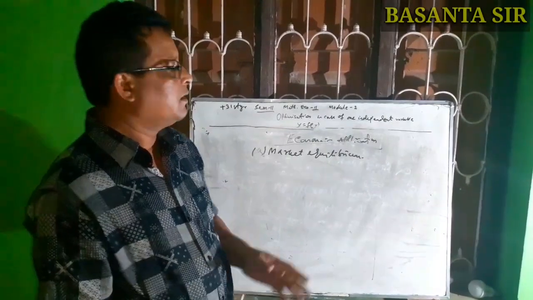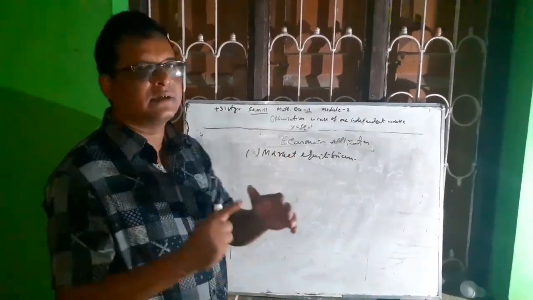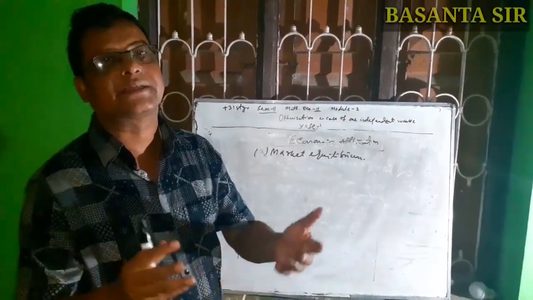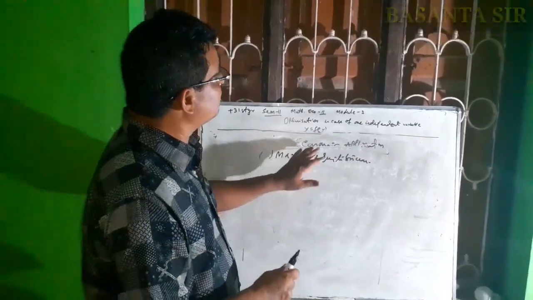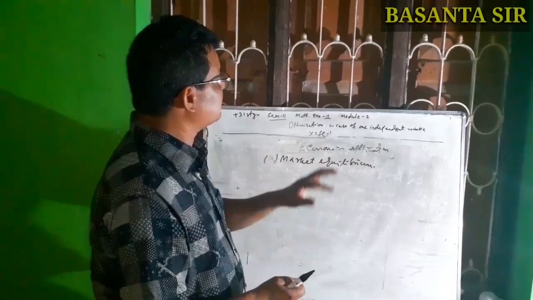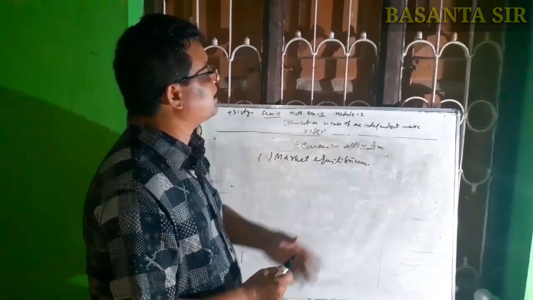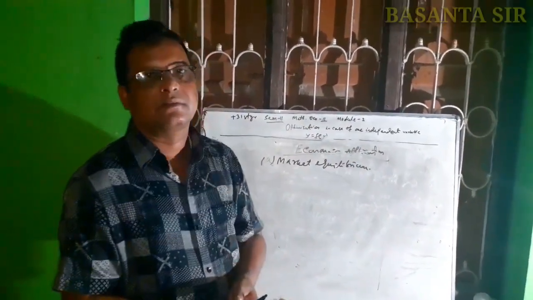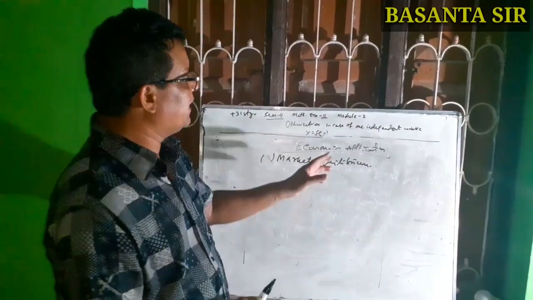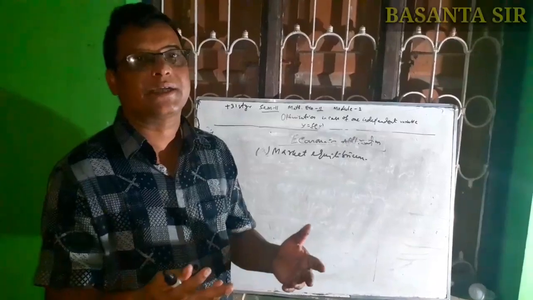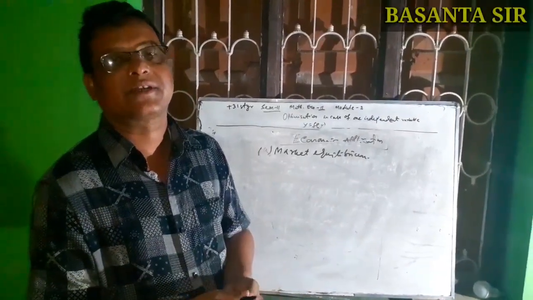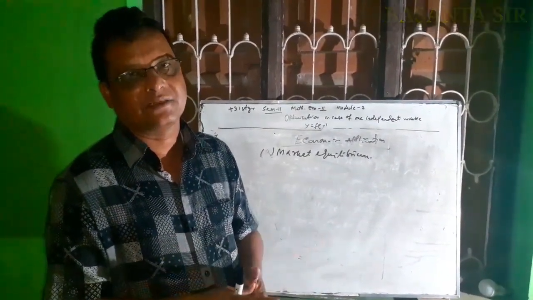Students, as the video is getting lengthy, we will stop here and continue in the next class the economic application of optimization in case of one independent variable. We have economic application left, and after that the conditions of convexity and concavity and their application.